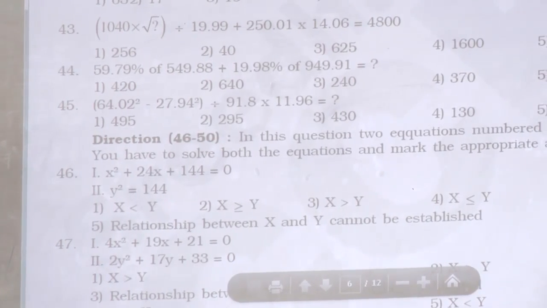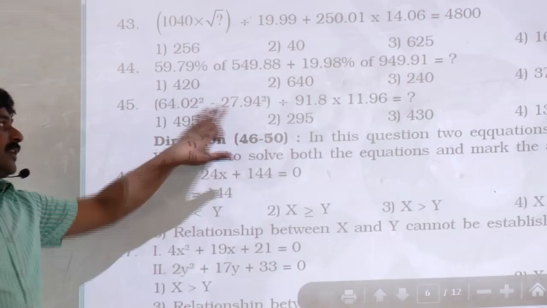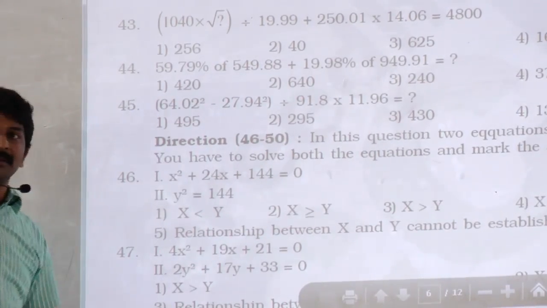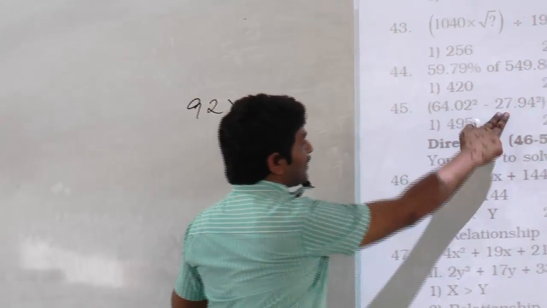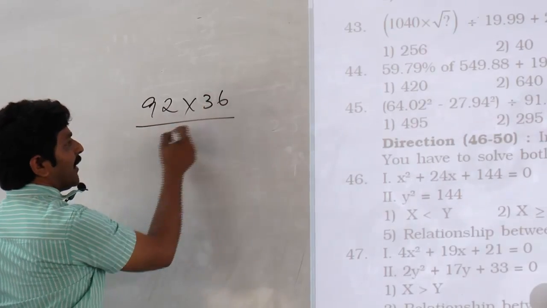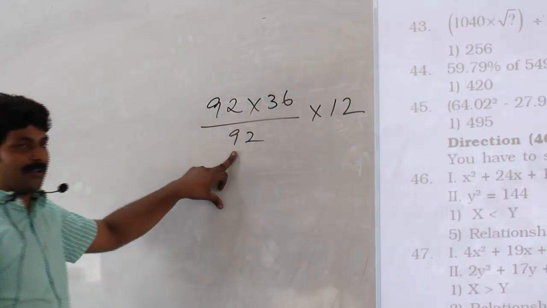64 square minus 28 square, a square minus b square, a plus b into a minus b. 64 plus 28, 92, into 64 minus 28, 36, divided by 92 into 12. 92 cancel.